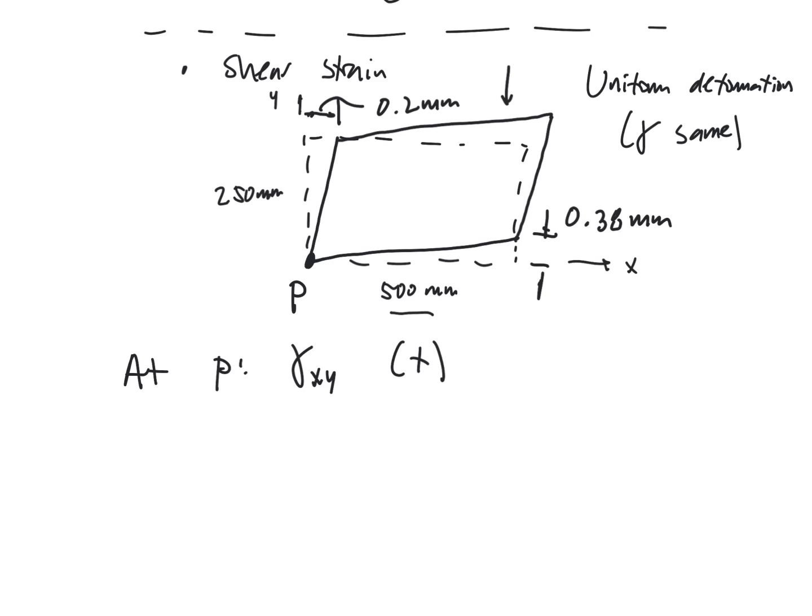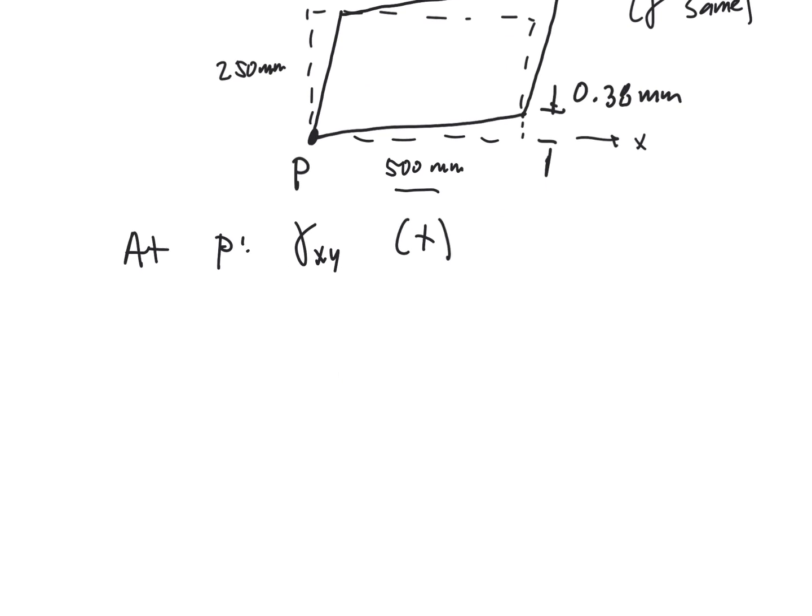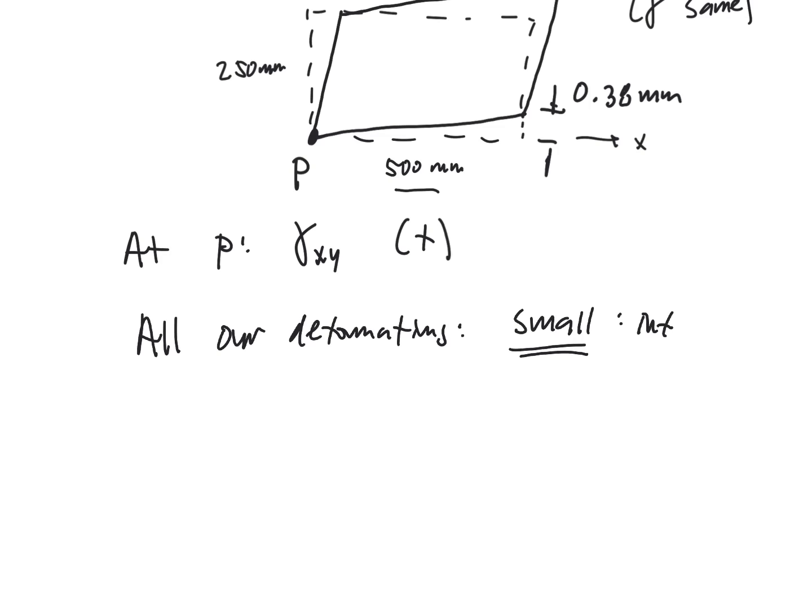Now remember, all of our deformations, in fact, let's write this up. So all our deformations are going to be small. Now again, when you see that word small, it is synonymous with infinitesimal. And that means that the angles are small also.